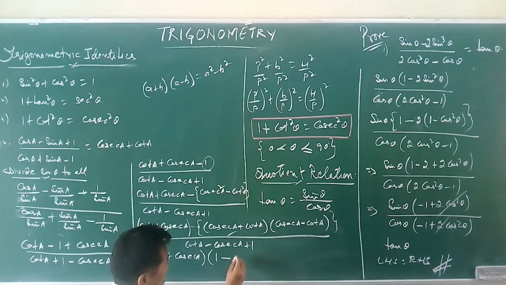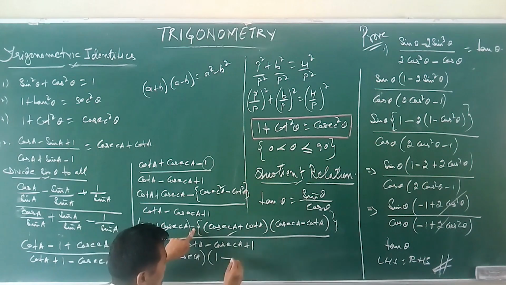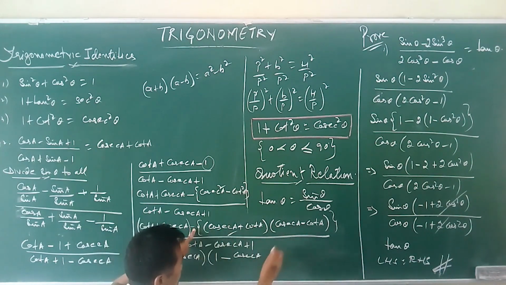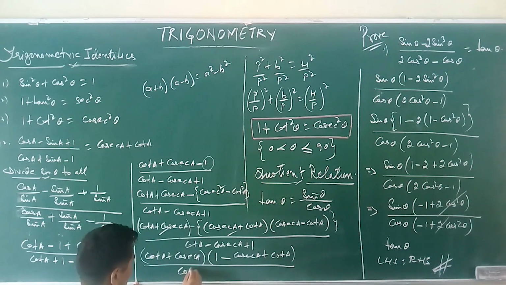Just open the bracket: this becomes a negative and this becomes a positive. So cosec A is negative, and negative and negative gives positive cot of A. And in the denominator, what is left? Cot of A minus cosec of A plus 1.